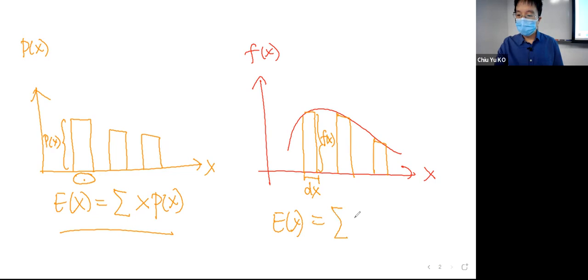It's just the sum of all the f of x times dx, and you add them up. Also the location here, x times dx. So it will be something like this, x dx, and you replace the sum by integration.